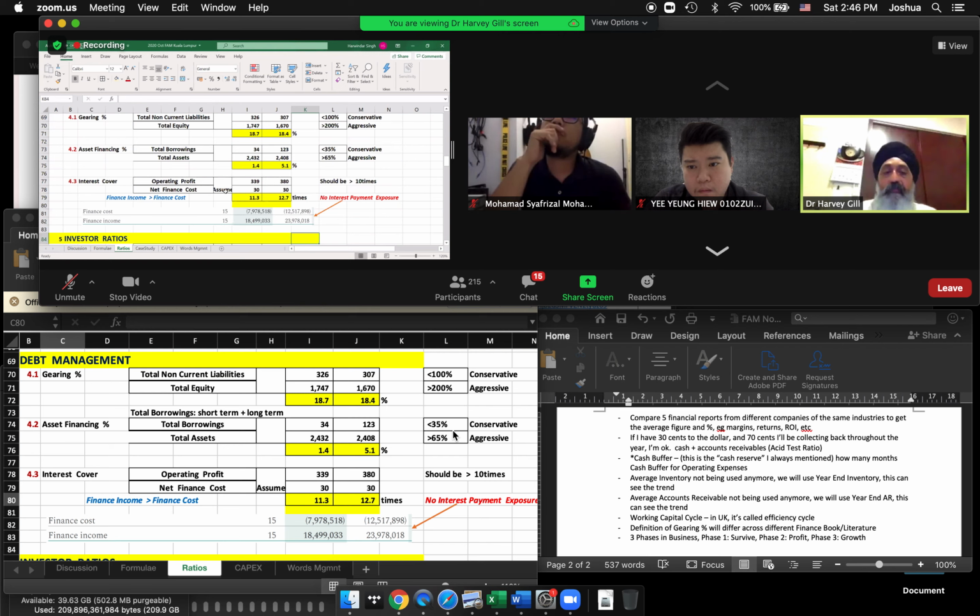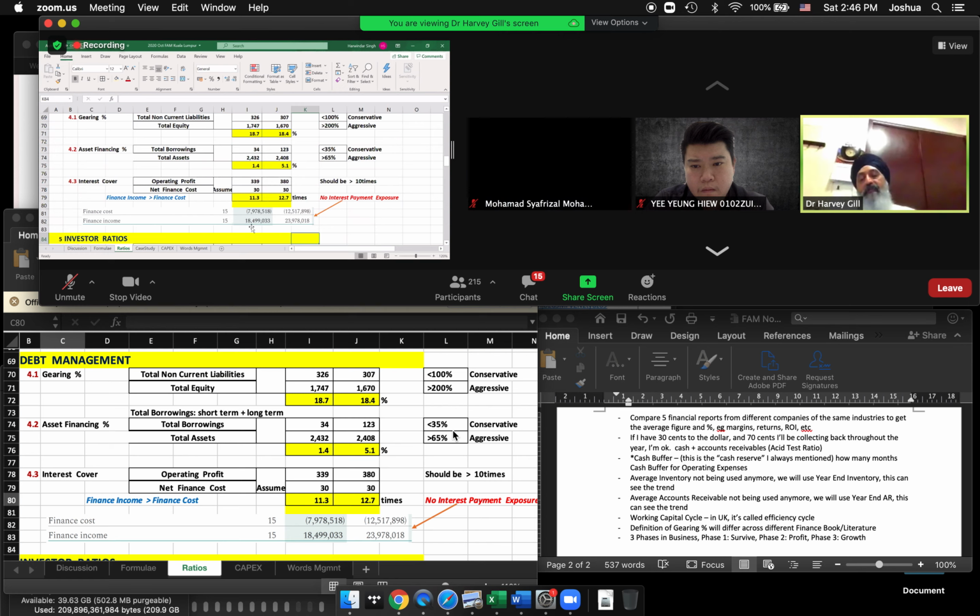You know why? Because at this company, actually, this case study, they did not actually have a net interest payment. Look, their finance cost was just 7.9 billion rupees, but their finance income was 18.49. Because they are cash rich, what? Supermarket, cash rich. They are earning more interest from the bankers than what they are paying.